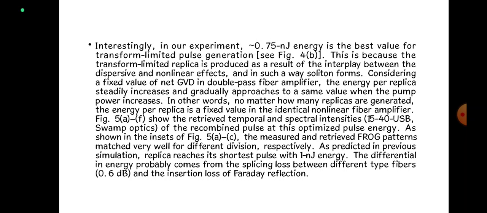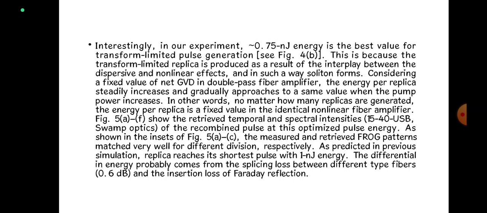The energy per replica steadily increases and gradually approaches the same value when the pump power increases. In other words, no matter how many replicas are generated, the energy per replica is a fixed value in the identical nonlinear fiber amplifier. This shows the retrieved temporal and spectral intensities of the recombined pulse at this optimized pulse energy, as shown in the insert.